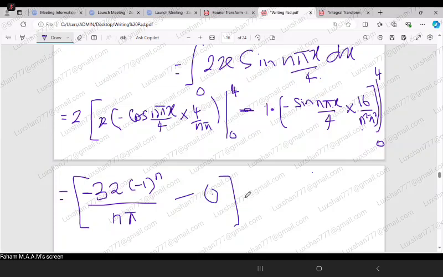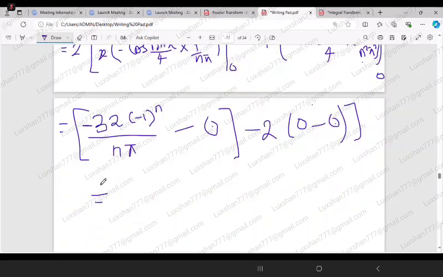And this one is actually minus 2. I'm multiplying here. But if you put x equal 4, sine n pi is 0. If I put 0, that is also 0. So I can write this as, I'm taking this minus with this one, and I can write it as 32 minus 1 to the power n plus 1 over n pi.